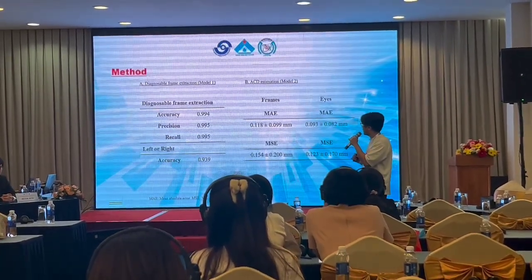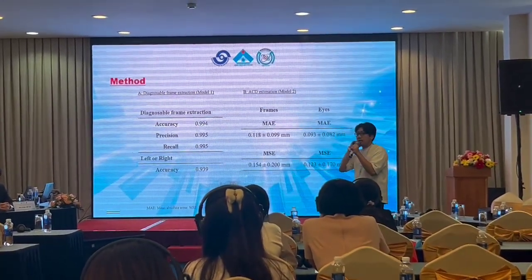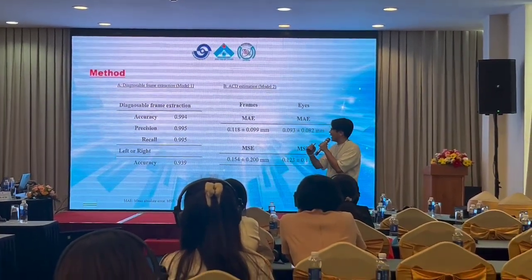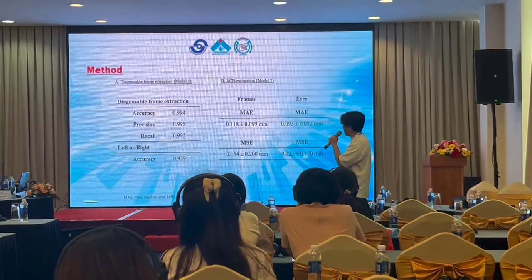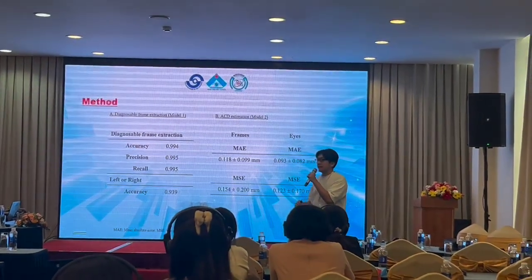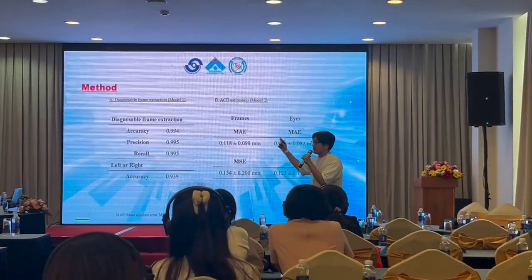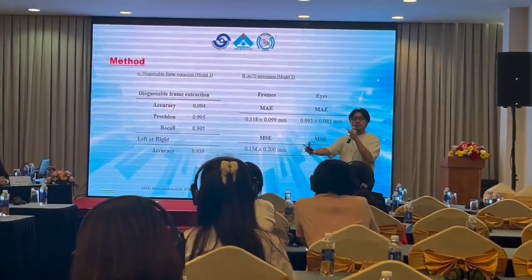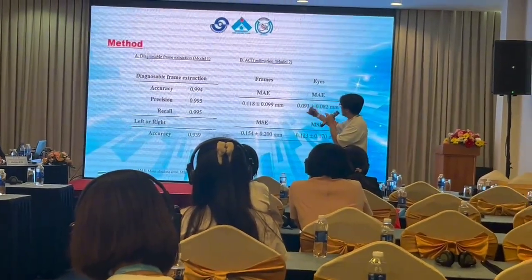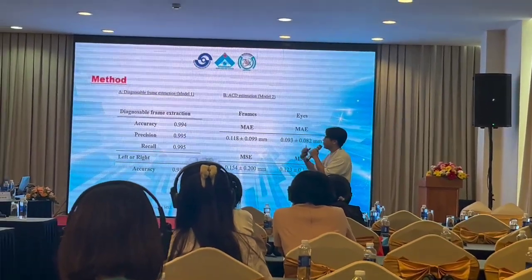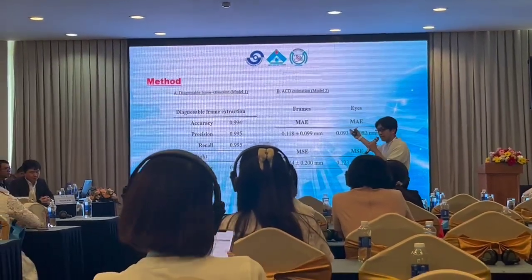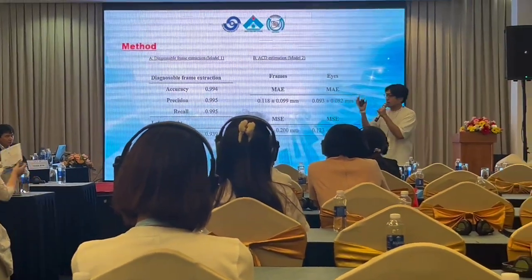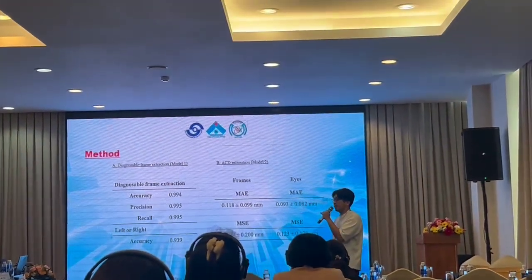Now, we label all the frames, whether that is left eye or right eye, and that accuracy was about 94% as well. Which means when we enter the anterior segment video to this first model, it can extract diagnosable frames pretty accurately, and can divide whether it's a right eye or a left eye with pretty high accuracy.